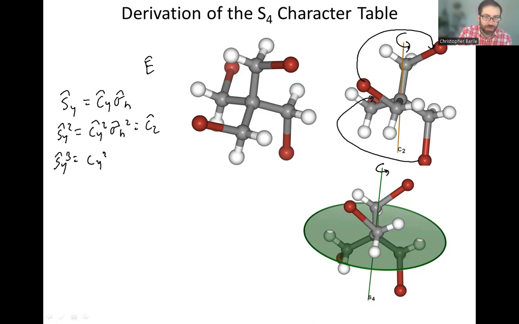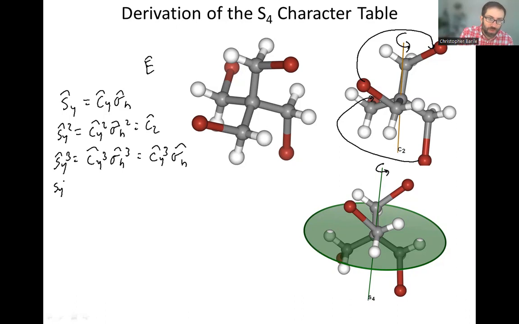That would be doing a C4 three times, followed by a sigma H three times. If you do that, sigma H three times is the same as doing just one sigma H, right? Because you go from top to bottom, for example, bottom to top, and then top to bottom. Well, that's the same as just doing top to bottom.